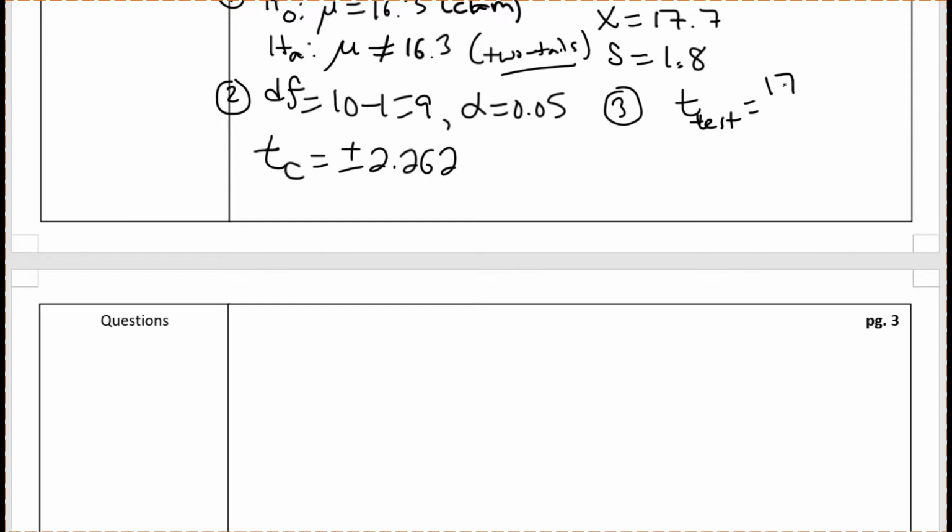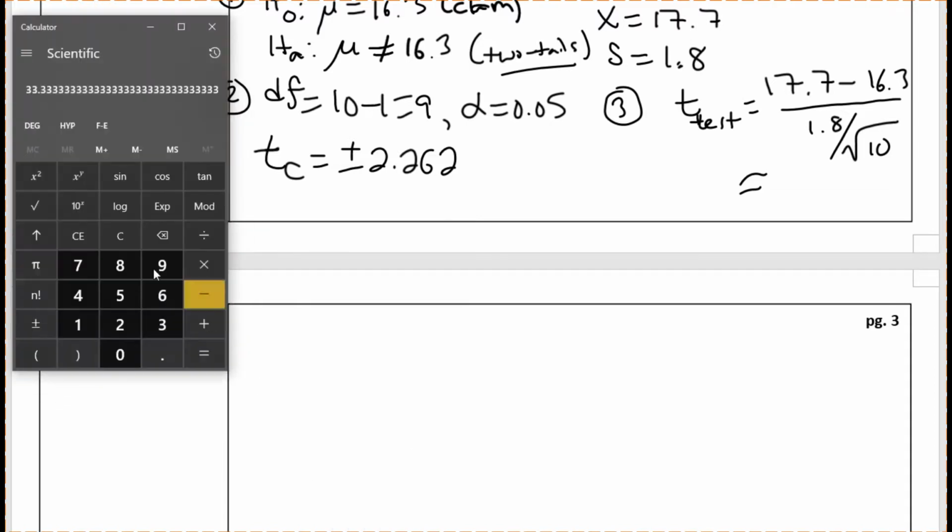So remember the formula is x bar minus mu over s divided by square root of n, and n is 10 here. All right, so we're going to actually compute the value here.